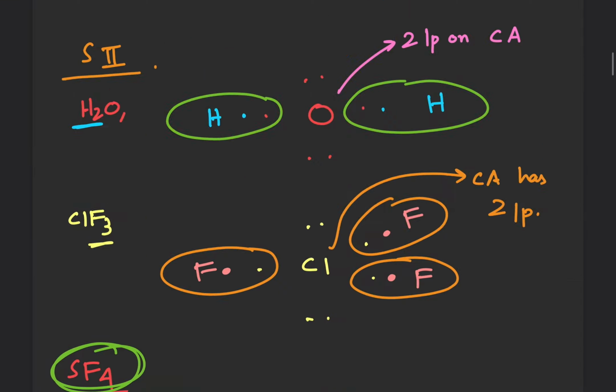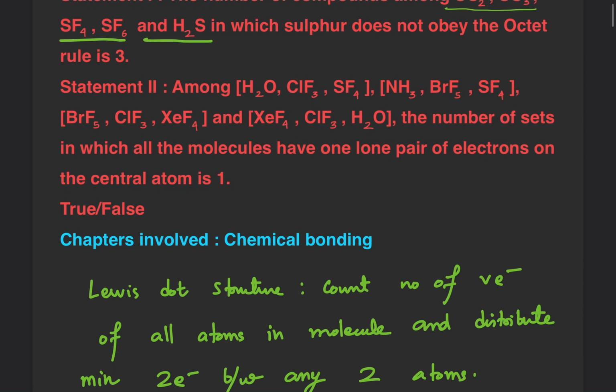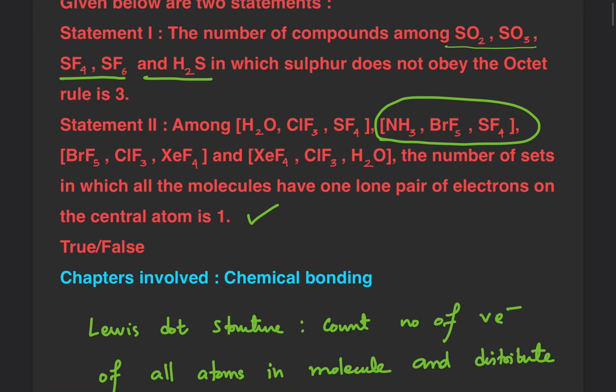So statement 2, this is the pair I am talking about. This is the only pair where all the molecules have one lone pair of electrons on the central atom. So therefore statement 2 is correct. Okay. So the final answer is statement 1 is false and statement 2 is true. Okay. Thank you.